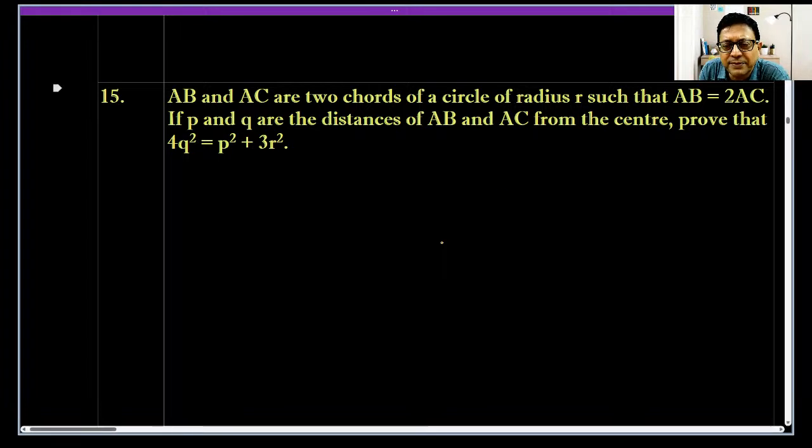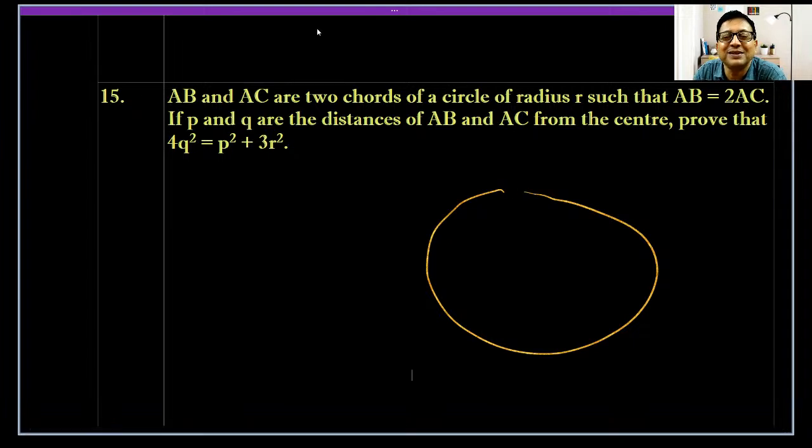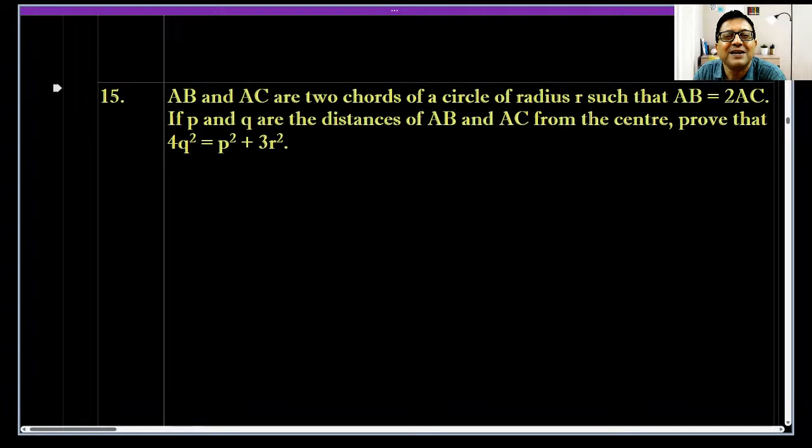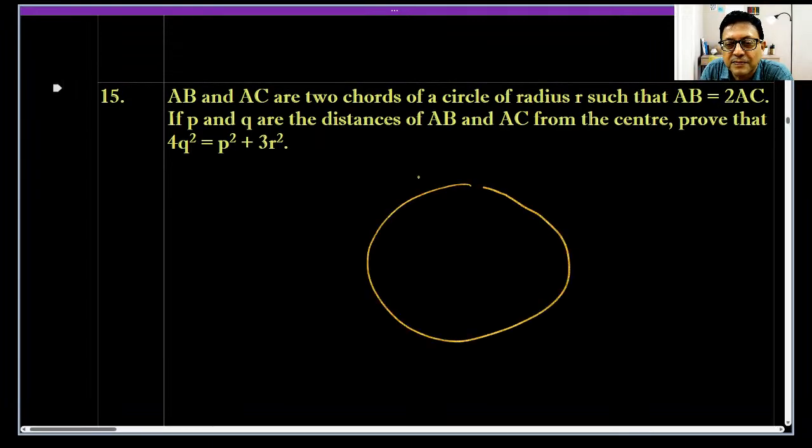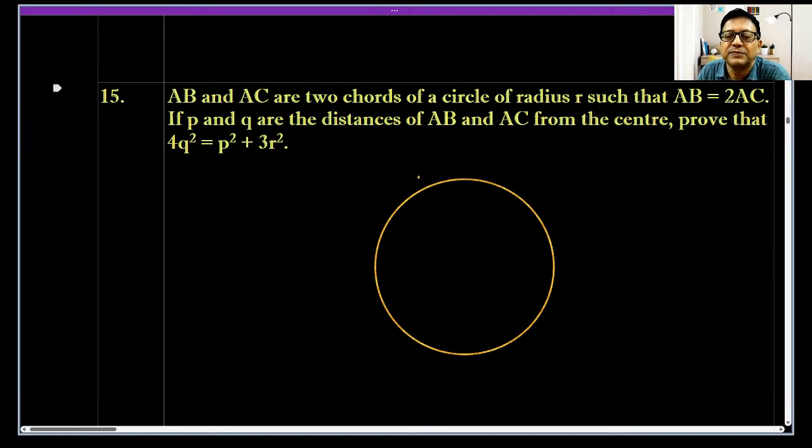So draw the diagram similarly. Take a bigger one. Sorry, this is not going to be a circle. Yeah, this is a circle now. AB and AC are two chords. AB equal to twice AC.